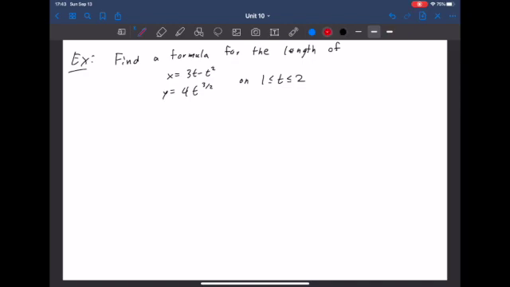So for this kind of thing, you want to find dx/dt, which is just 3 minus 2t, and dy/dt, which is just 6t to the 1/2, or the square root of t.